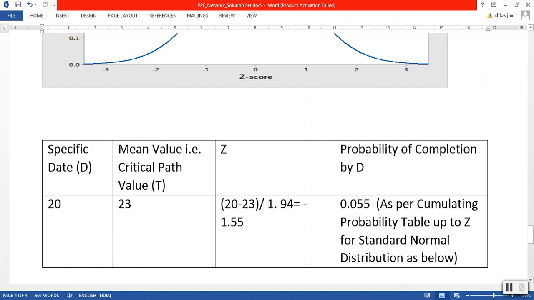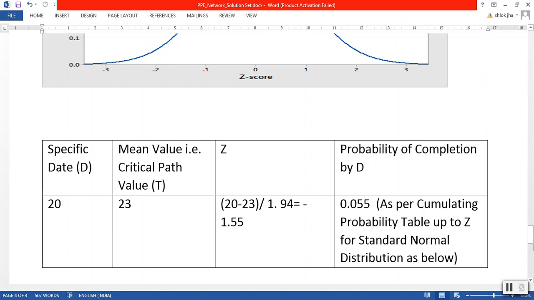Meaning the probability of completion by D is equal to 0.055. Now, what is 0.055? Because we have not yet calculated 0.055, where does it come from? We have calculated Z, and we are now correlating Z, meaning 1.55, to 0.055.